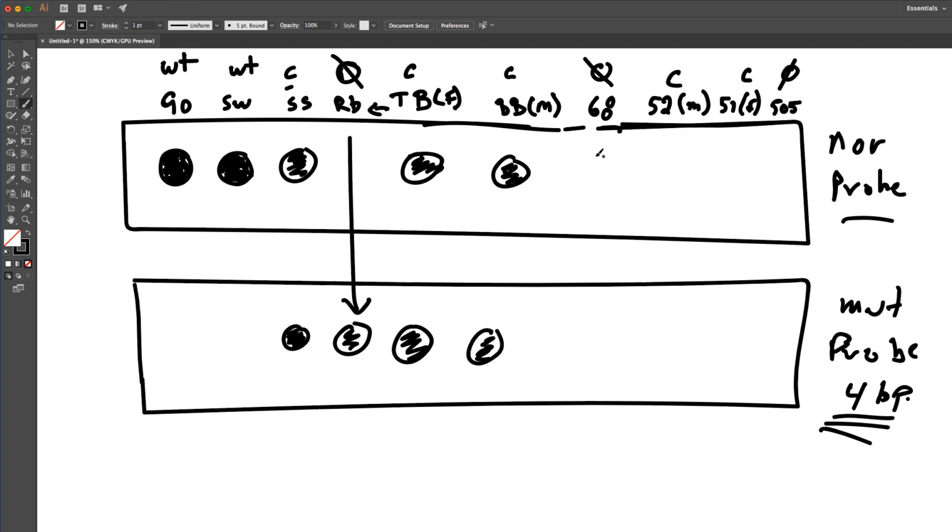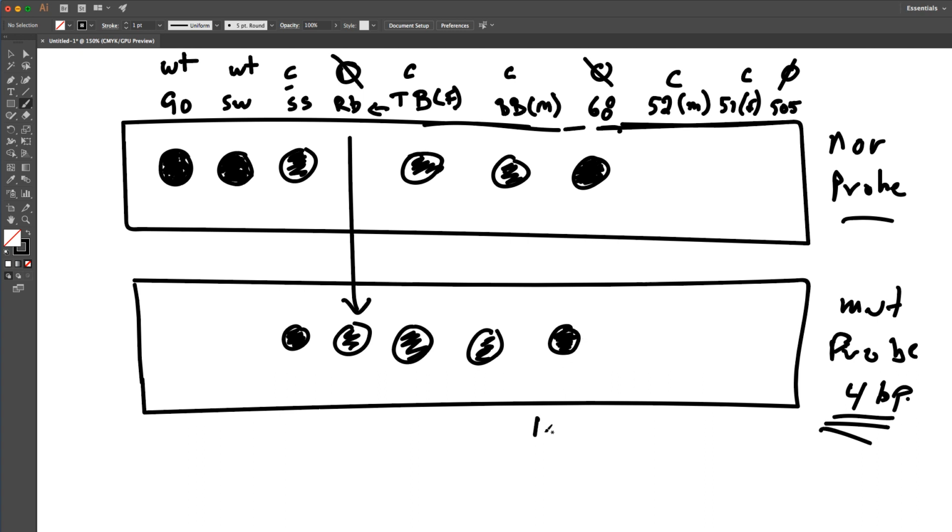Number 68 is an individual who's afflicted, but interestingly enough, they have one copy that the wild type probe picks up and one that is picked up by the mutation.